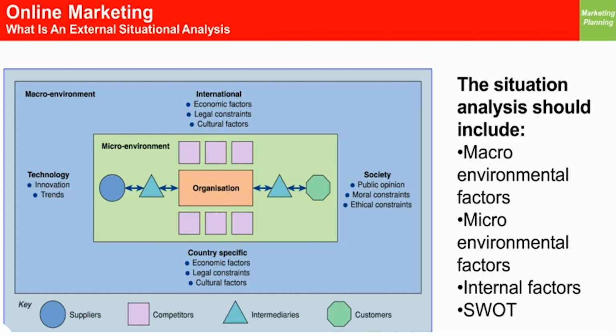The micro factors, so the things you can control within your organization, will consist of internal factors. And it's also important to consider producing a SWOT analysis, which we'll cover in a separate video, but it namely means strengths, weaknesses, which are internally controlled, and opportunities and threats, which are external factors that you need to be able to respond to.